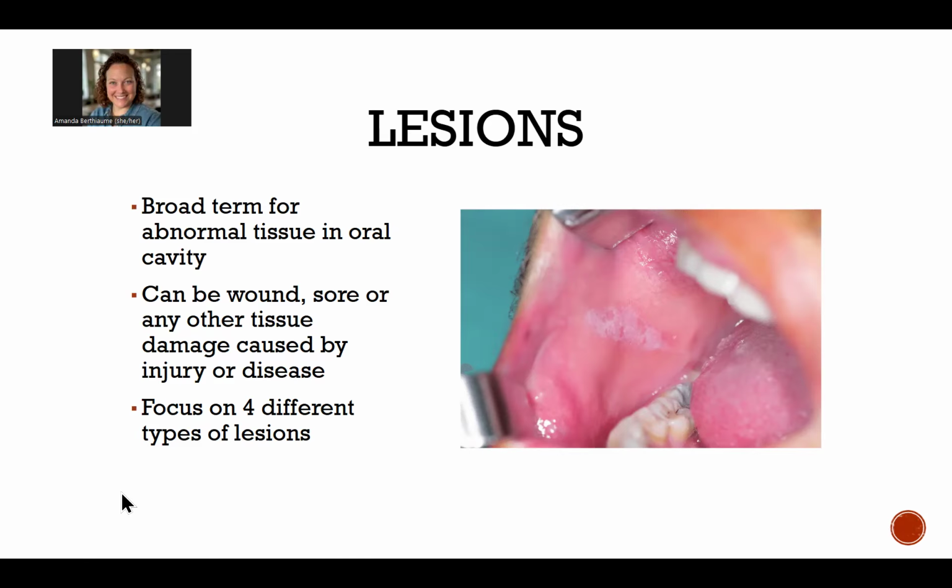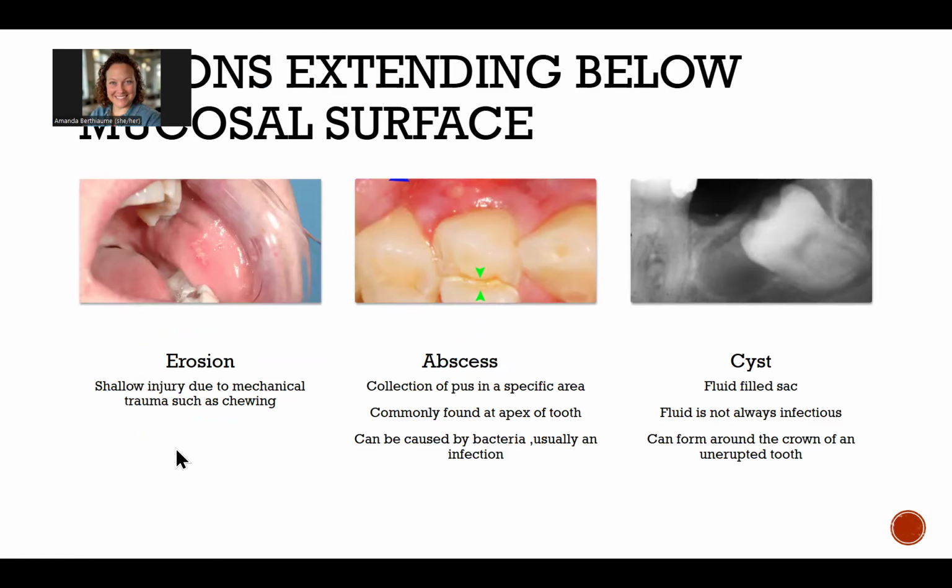But we focus on four different types of lesions, really. We have erosion, which is a shallow injury due to mechanical trauma, such as chewing. We can have abscesses. It's a collection of pus, right, at the apex, right? So we can have an abscess coming out from the top of the tooth, or it could be coming out from a periodontal pocket at the gingival margin.